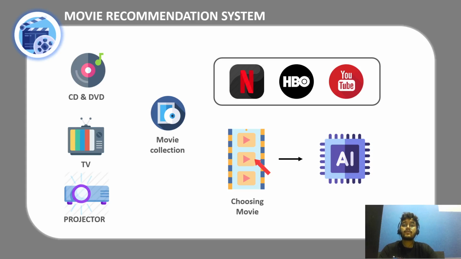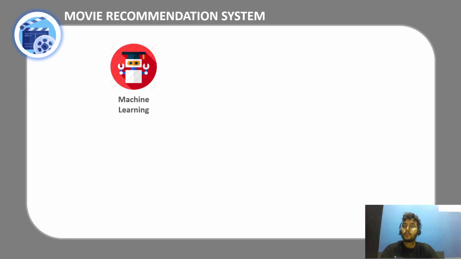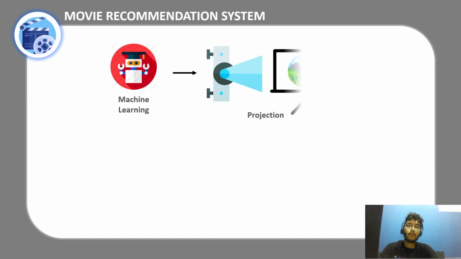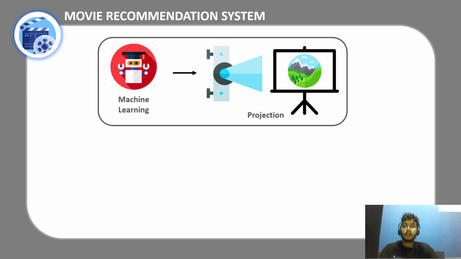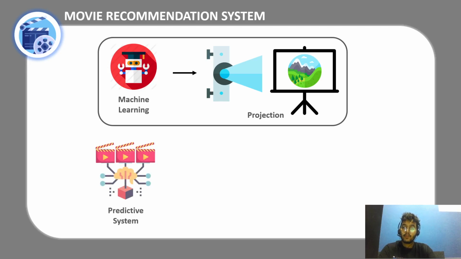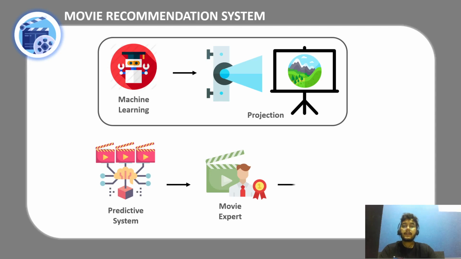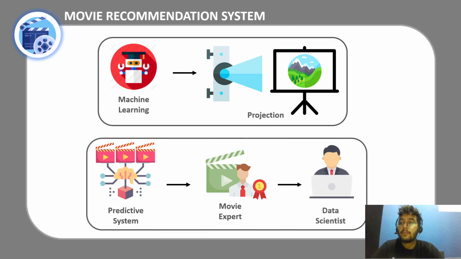Well, that is no longer a concern for you. It is finally time for machine learning to put its skills on display in the modern cinematic landscape. To create advanced predictive systems for true movie experts, data scientists are prepared to investigate our behavioral patterns and those of movies.